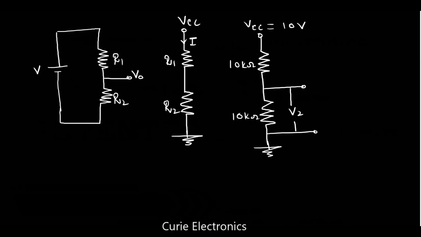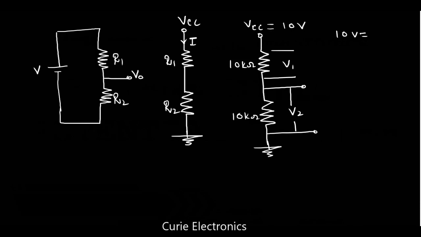What is the V2 voltage? If you carefully look at these resistors, both the resistor values are same. So as per KVL, whatever the V in, this 10 volt should be dropped across these two resistors. As per KVL, the applied voltage should be equal to the voltage drops across the resistors.